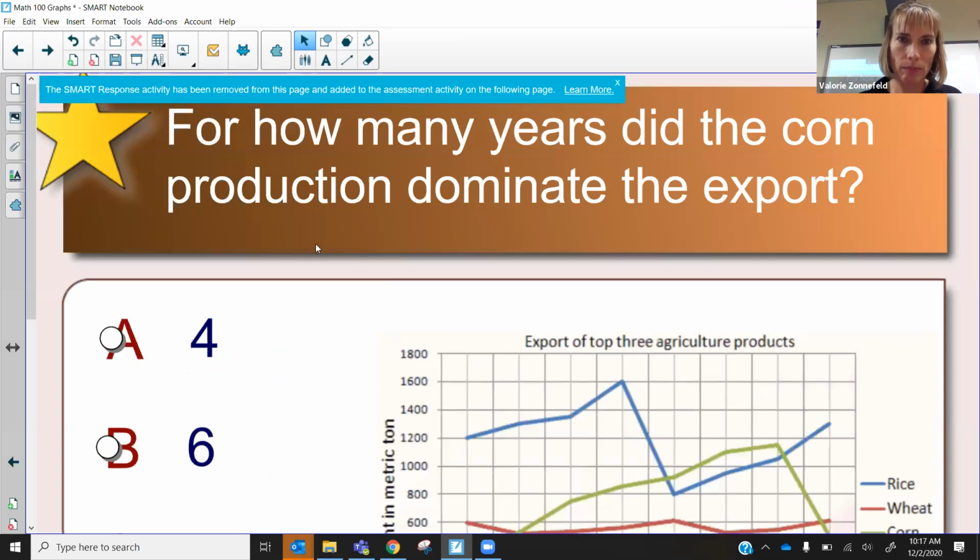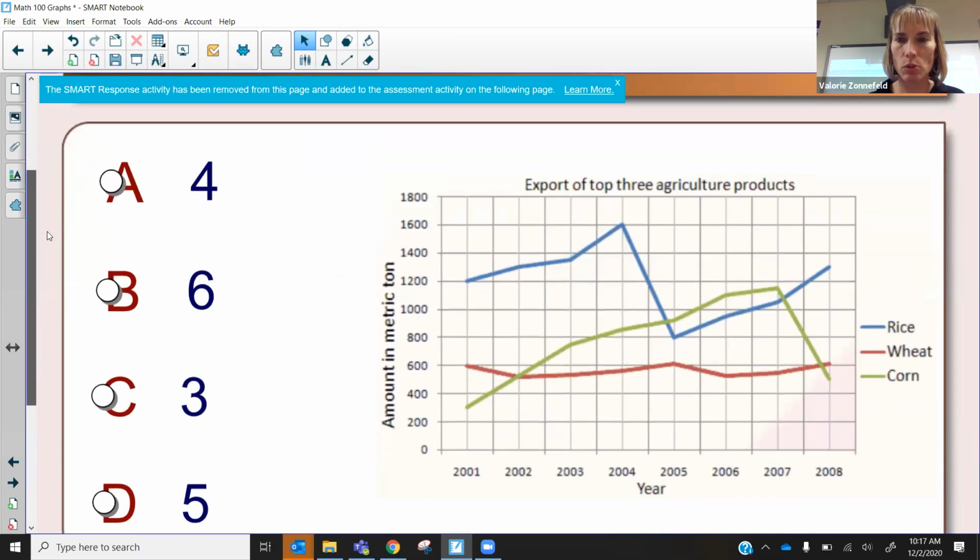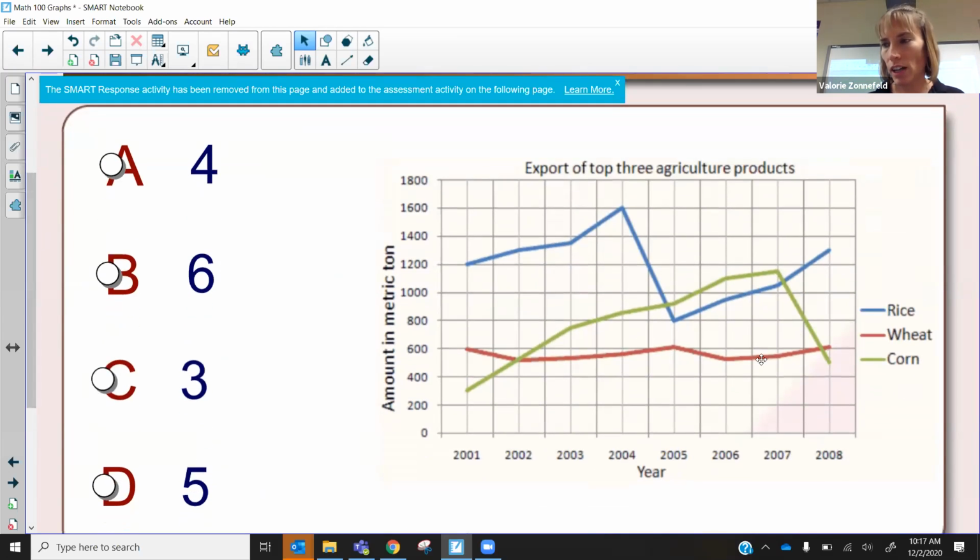Next question here. How many years did the corn production dominate the export? So in how many years was corn above the other exports? Corn is the green one. Go ahead and type your answer into the chat.